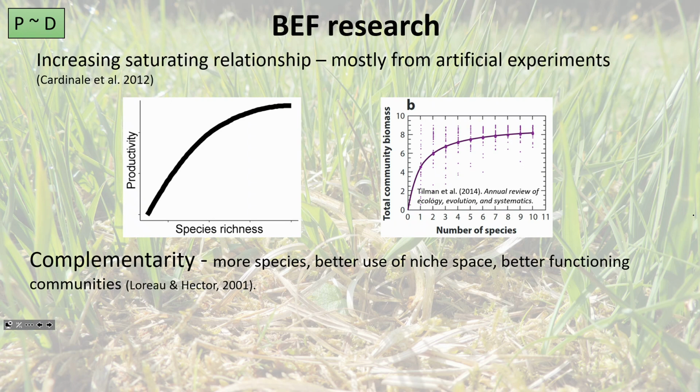So if you have more species, they are functioning better, but of course there are some overlaps in how they perform, so it's not linear but an increasing, saturating relationship.